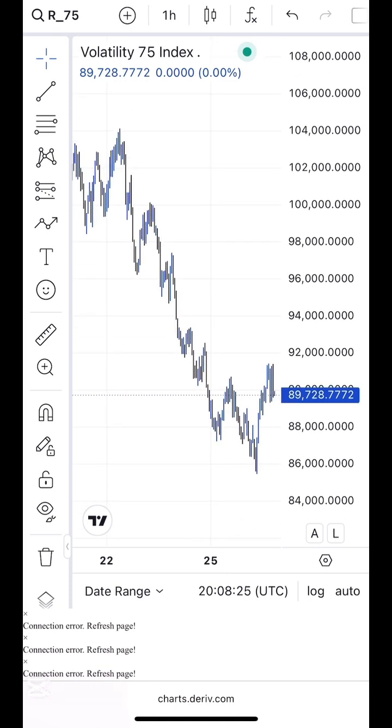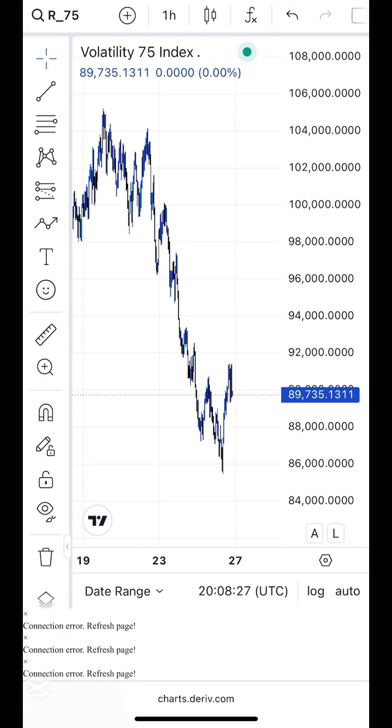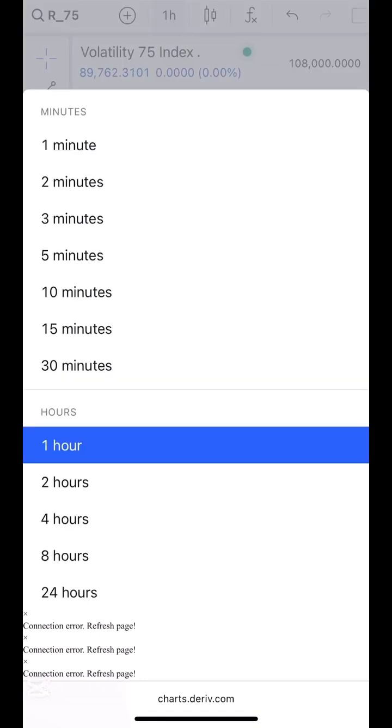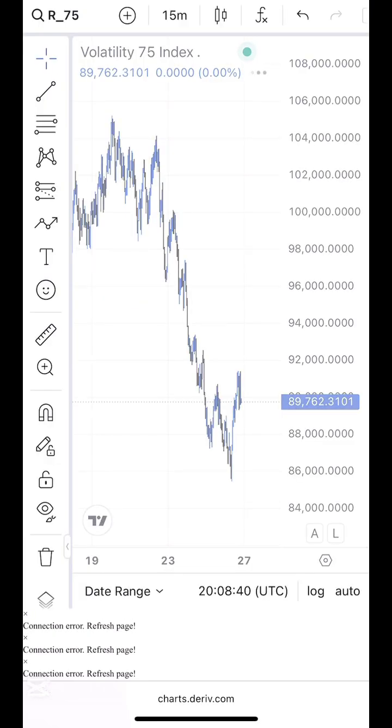Now, knowing that this is a downtrend, what we should be looking for is only sales. We should be looking strictly for sales on the lower time frame. So next, we'll go to the 15 minutes time frame.